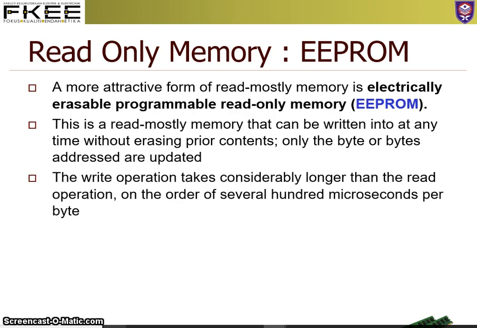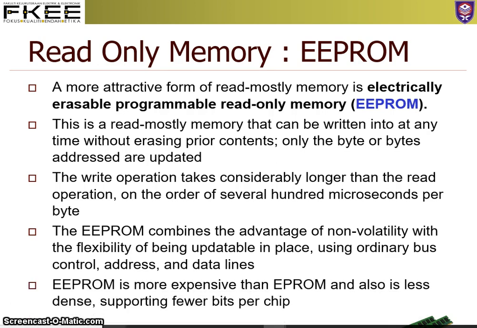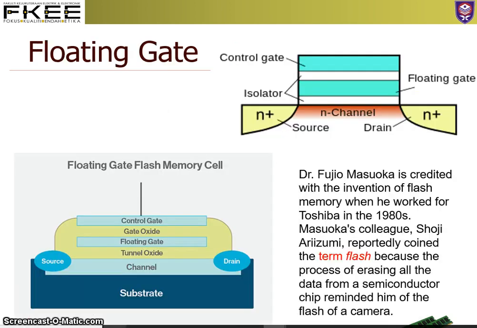The time taken is less compared to the EPROM, so it has more advantages than just EPROM. However, it is more expensive, and again it is still using the floating gate over here. This is an example of the EEPROM.